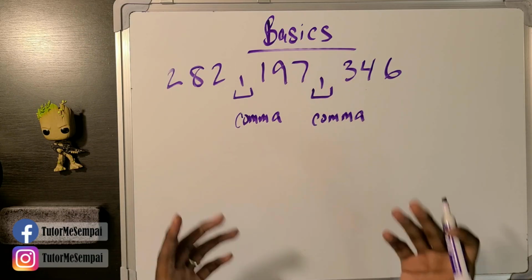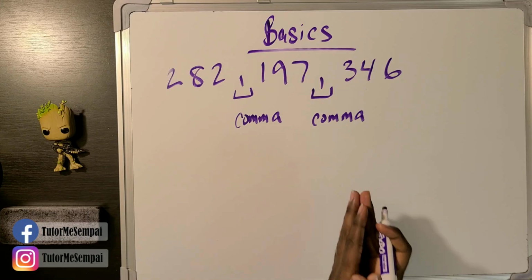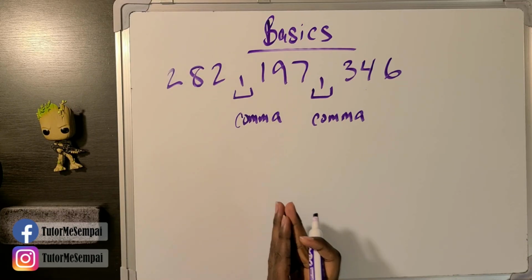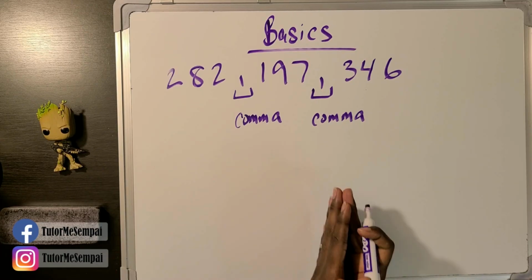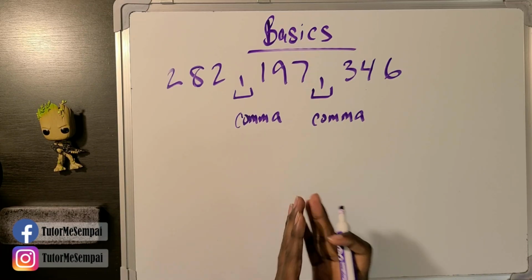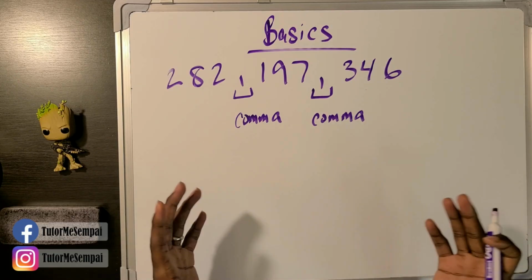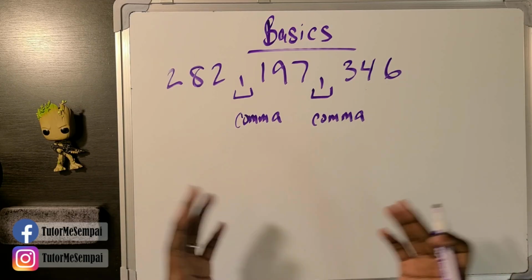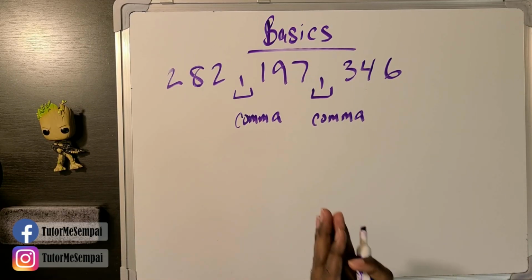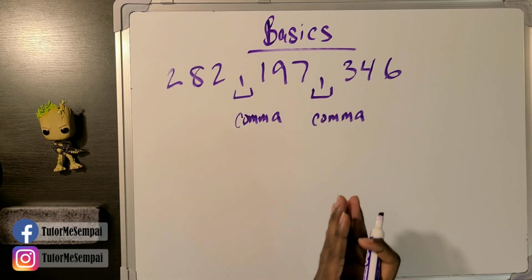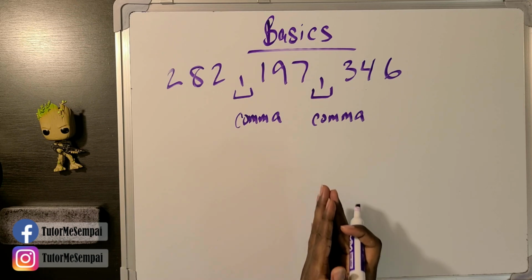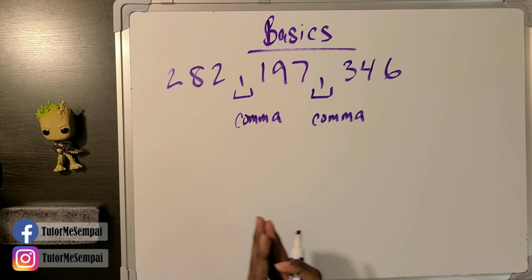And when your number gets really, really big, we start entering commas to help us identify just how big it is. And each comma has a special name given to it depending on where it is in your number. Now, these names are not random names like Bob or Susan. These names are very specific to your numbers so that every time you see a comma, it's going to have that same name if it's in the same place.